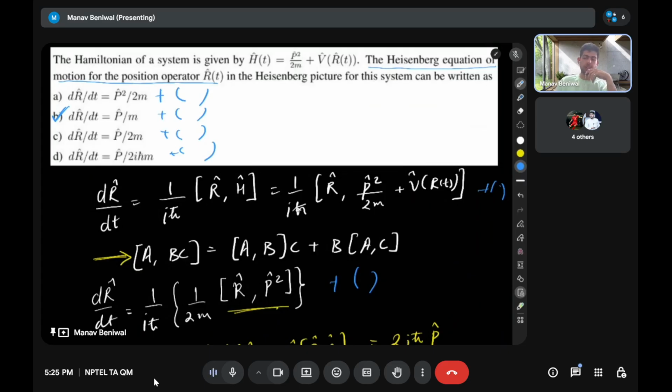To be very frank with you, they should have mentioned that you need to solve this for the assumption that R does not have any direct time dependence, so you should consider its partial derivative to be 0. I only assumed this partial derivative to be 0 because they didn't have any option where there is some partial derivative. So it's like a hidden assumption that we had to take.